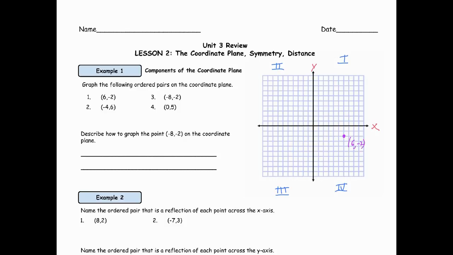The second one is -4, 6. So again, the x-coordinate's -4. So from the origin, we'll go to the left 4 units. The y-coordinate's a +6, so we'll go up 6 units.